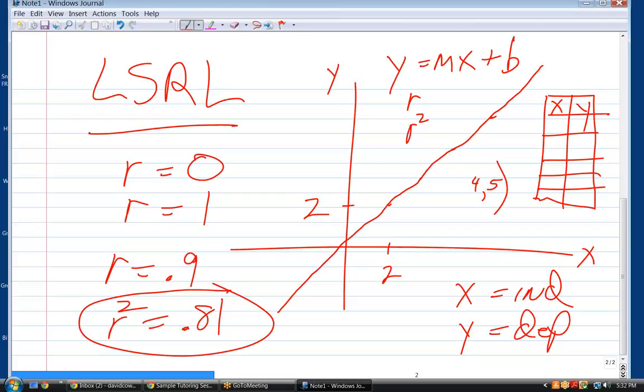So I don't know how to do linear regression on the TI-83. I know how to do it on the Inspire, but that doesn't do you any good. Do you know how to do it? Do you know how to make a table and make a list?